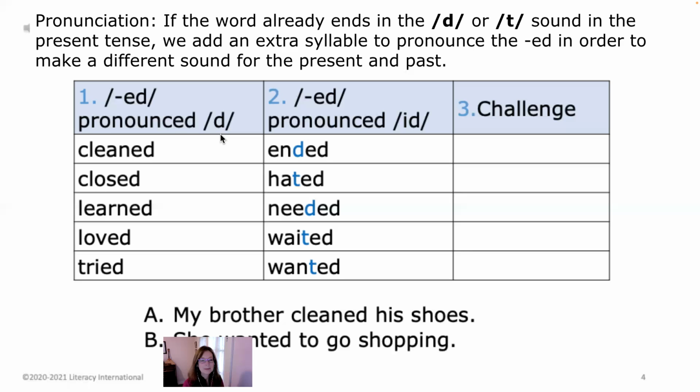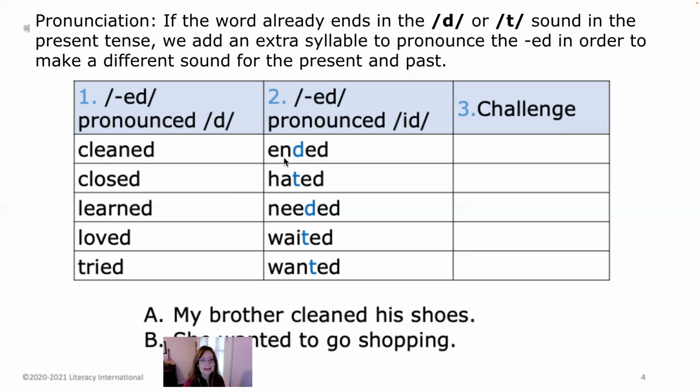But there's such a small distinction between the D and the T sound at the end that for the A1 level, it's close enough. We're just trying to get them to hear if it has an extra syllable or not. So these words, if a word already ends in a D sound or a T sound, to differentiate it in the past tense, we add an extra syllable.